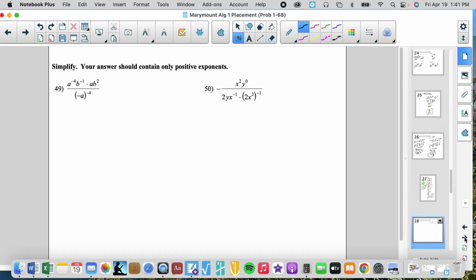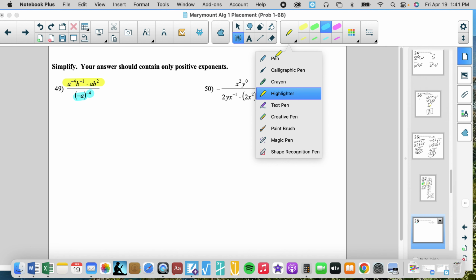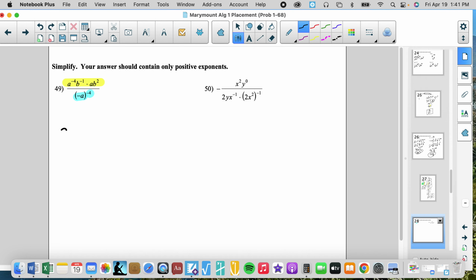Yeah, this is going to be tricky. So let's deal with the numerator. We're going to deal with everything in the numerator, and then we're going to deal with this in the denominator. So let's do a to the negative 4 plus 1, because we're multiplying like bases, b to the negative 1 plus 2, over. Now let's look at this as negative 1 a to the negative 4.